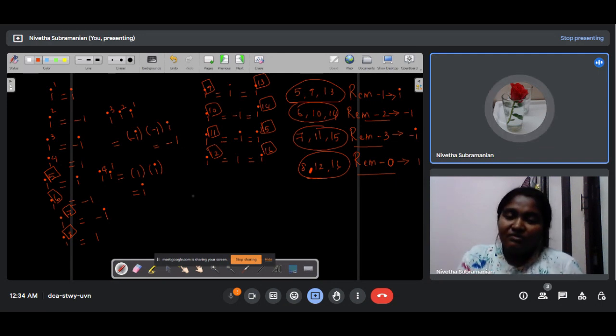Okay. So by using this, we can find any higher power of i, right? So for example, now I try to find i power 1000. So 1000, I'm dividing it by 4.